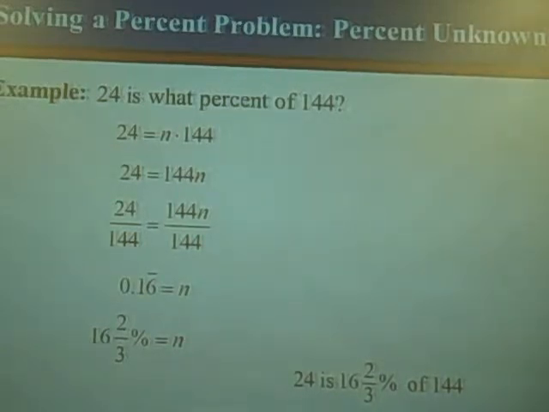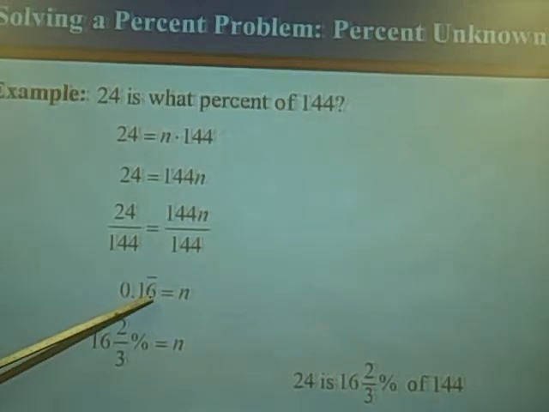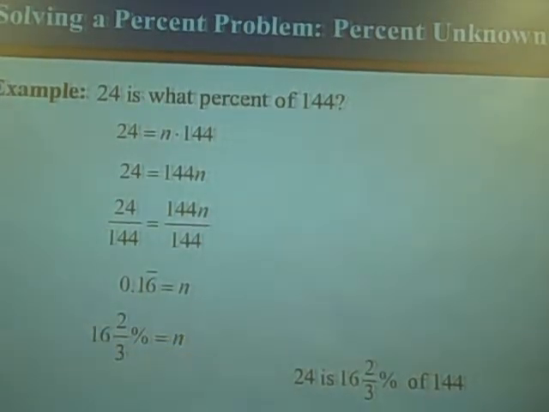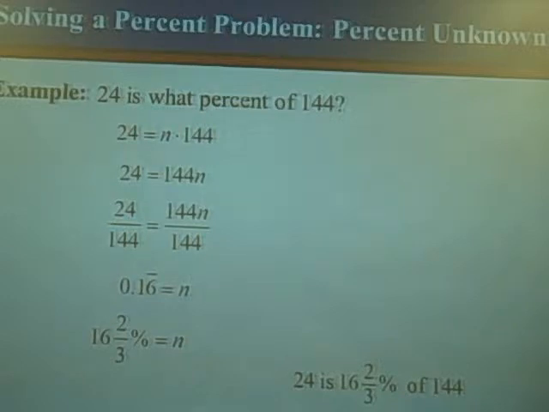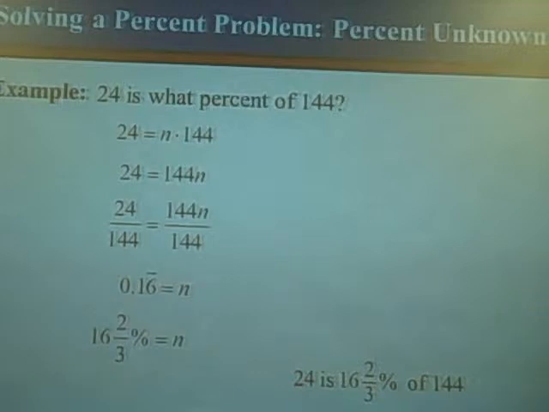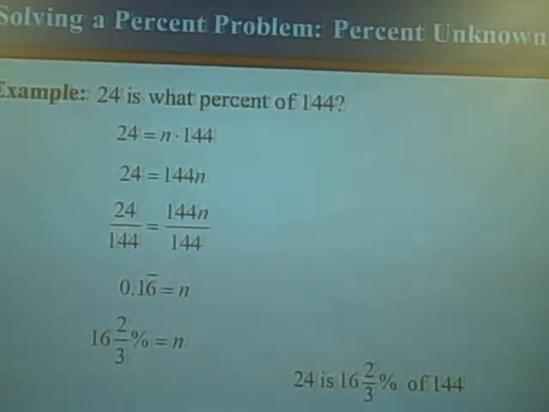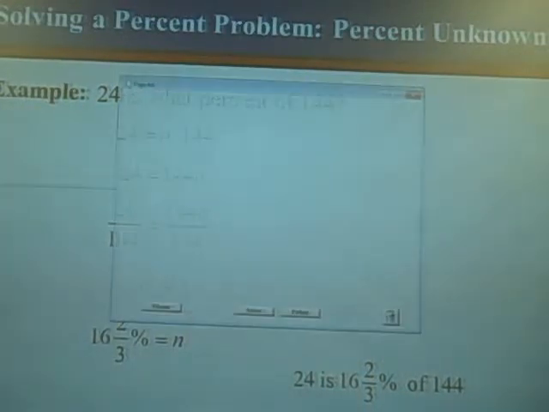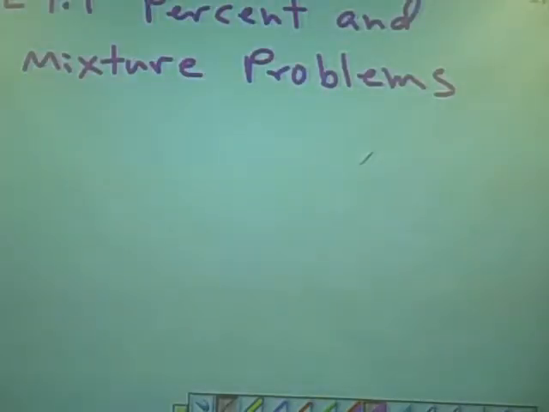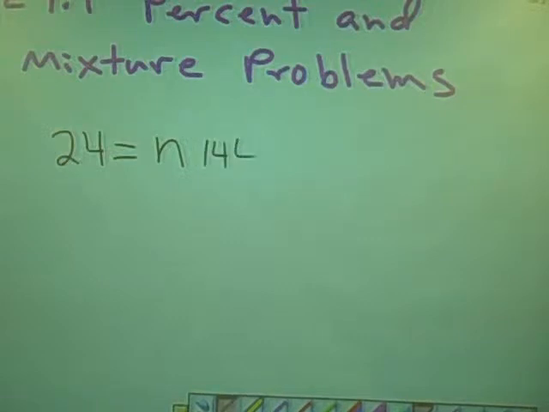Questions with that? So in other words, this would be 0.1666666. How did you get to 2/3 out of 16? Well, because of this bar here. Let's do this one. We've got 24 equals n times 144, right?